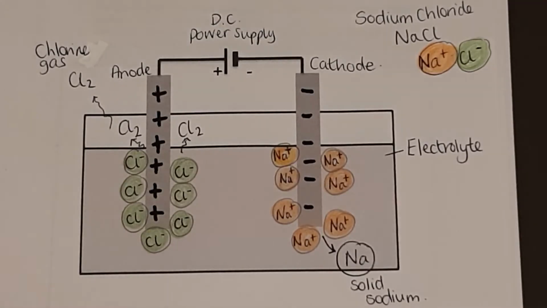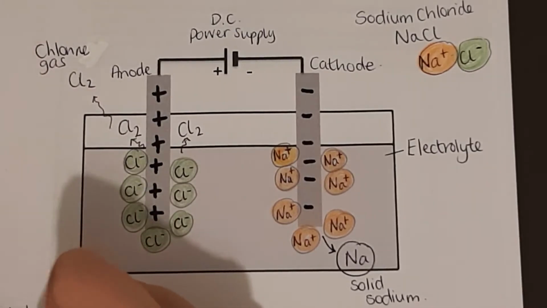So this is what happens with the sodium chloride, which is an ion in the water. Now, don't forget, the water itself can also be affected by the electrolysis process. I'm going to put water down here.